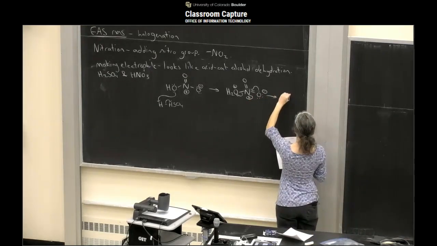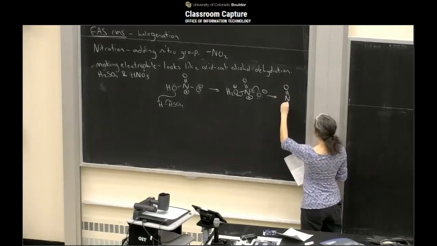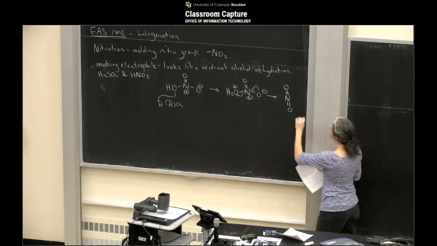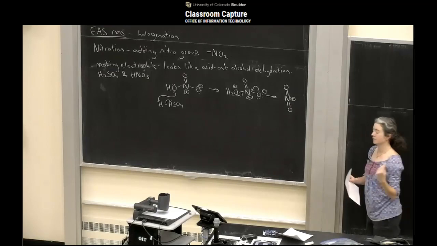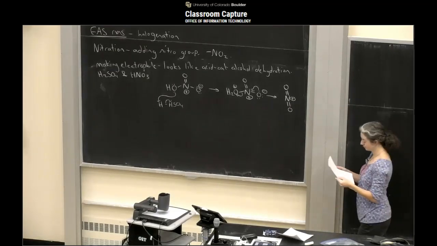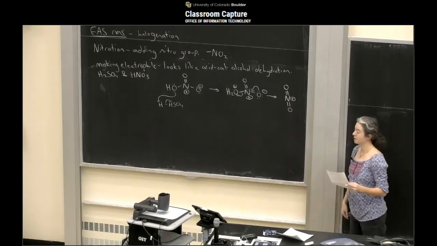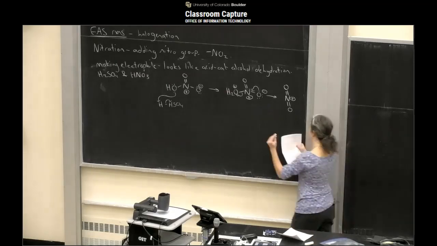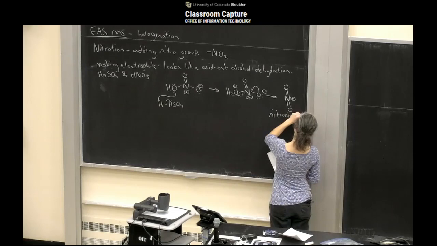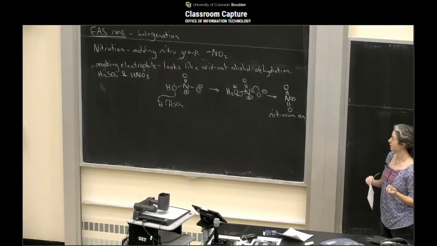Nitrogen has its double-bonded O still on it, and it now has a double bond to that other oxygen, and it still has the same positive charge. This thing, N plus with two double-bonded O's on it, is called the nitronium ion, and this is the electrophile that the ring is about to get involved in.